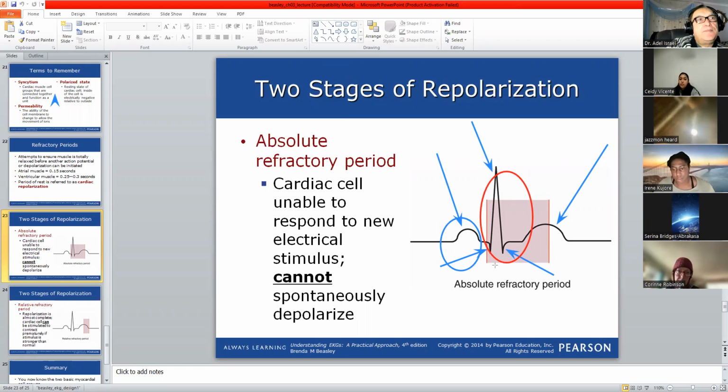Look, guys, if the heart receives another stimulus during the act of contraction, you see? Like what? Irene accepted the job. Sorry, I'm using your name, Irene.